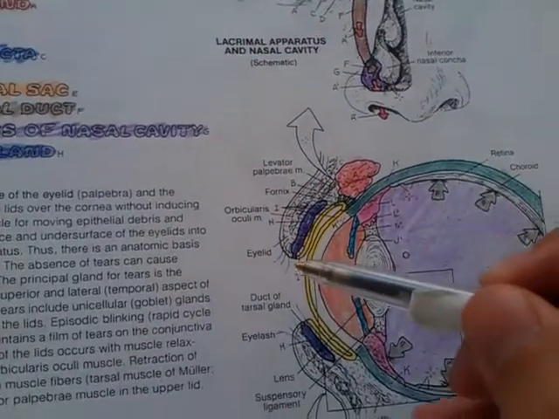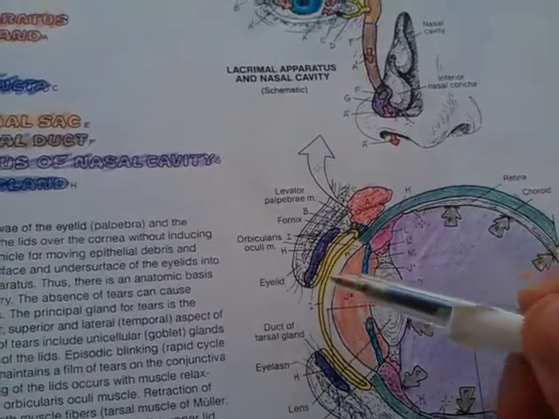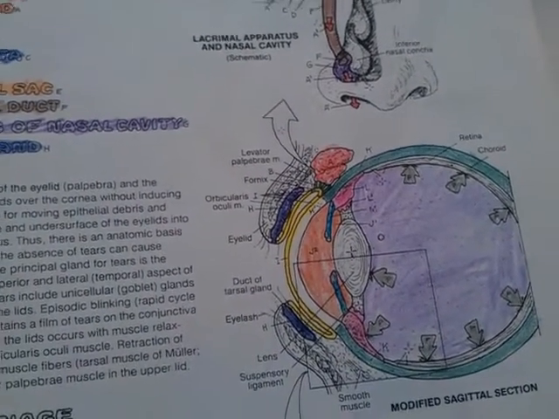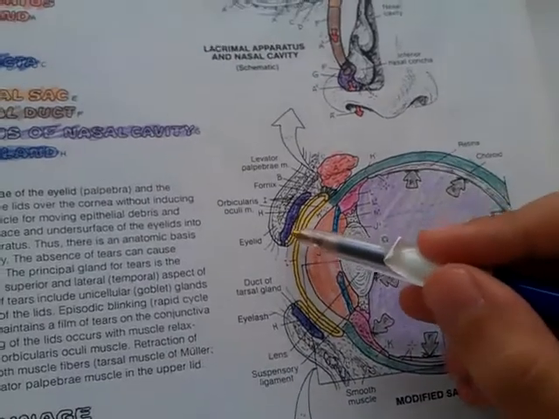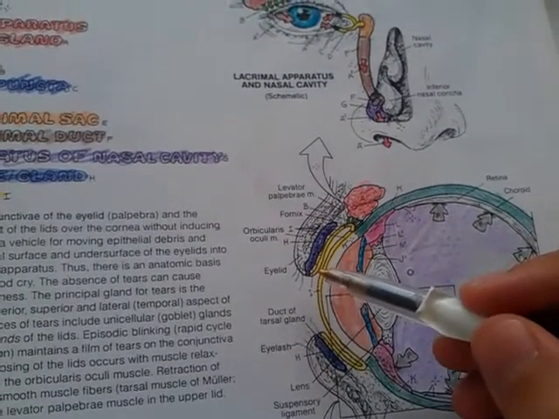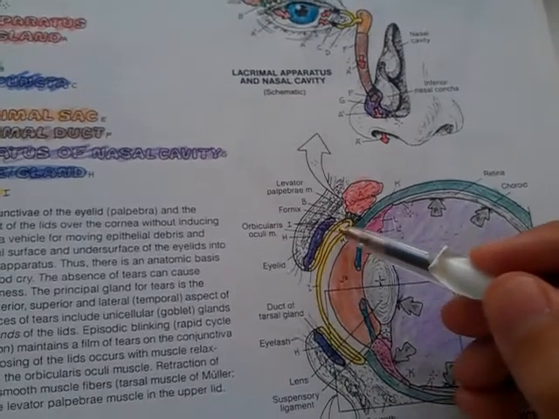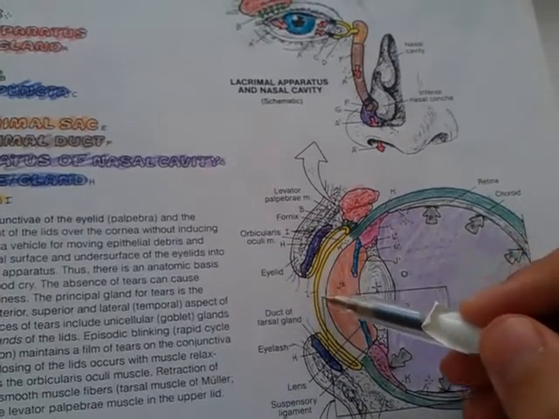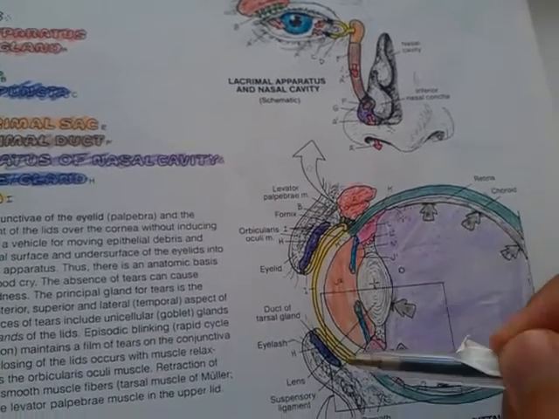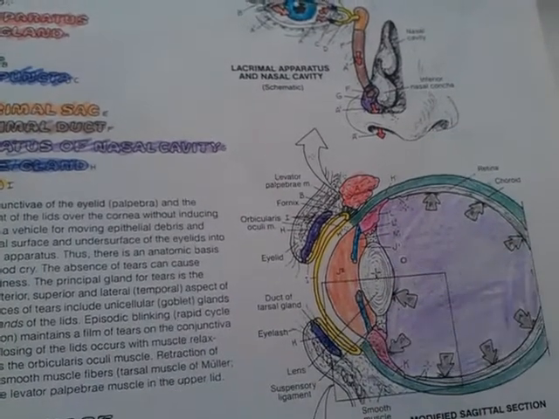The eyelashes are attached to the free edges of eyelids, and the ciliary glands open near the attachment of eyelashes. The conjunctiva is a transparent mucous membrane which lines the inner surface of eyelids and is reflected over the front of the sclera, forming superior and inferior fornix of conjunctiva.